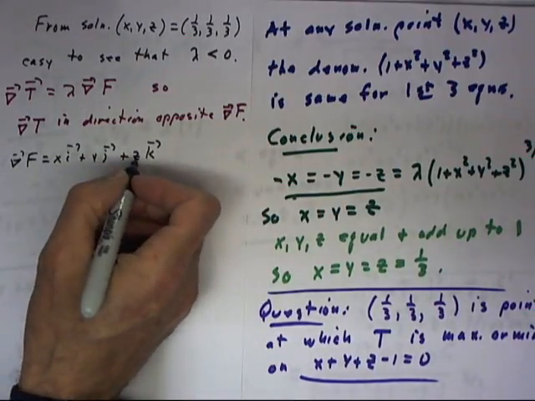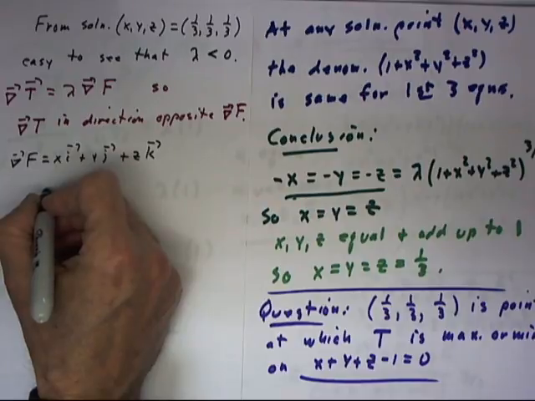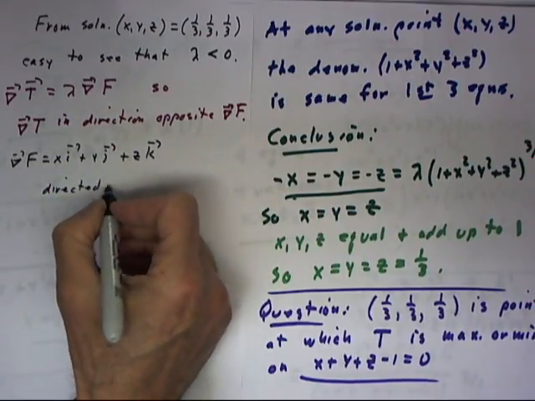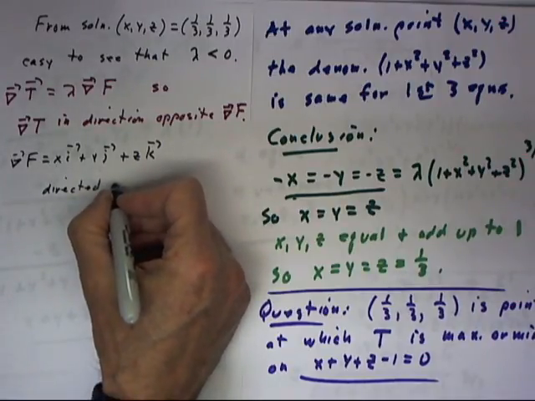Xi plus yj plus zk is a vector directed, and I've got a mistake, this is directed radially.